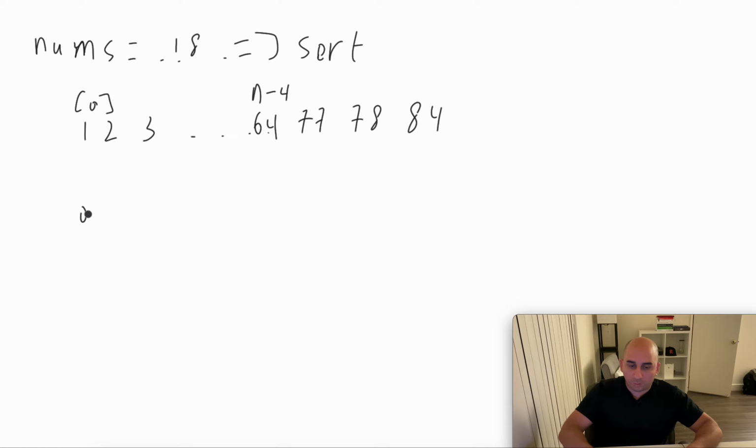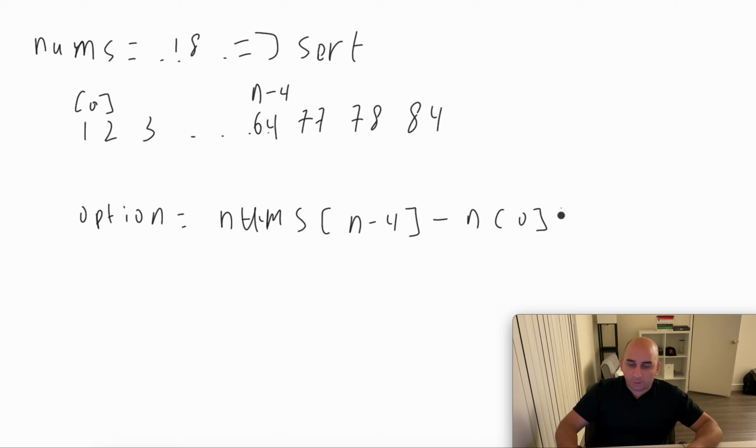The first option is that we are going to take n minus 4 from nums. So let's take nums[n - 4] minus nums[0]. So we are taking this difference.